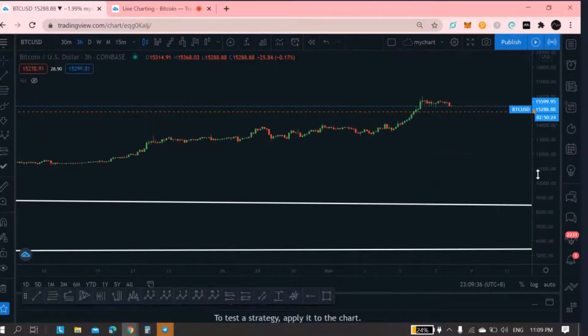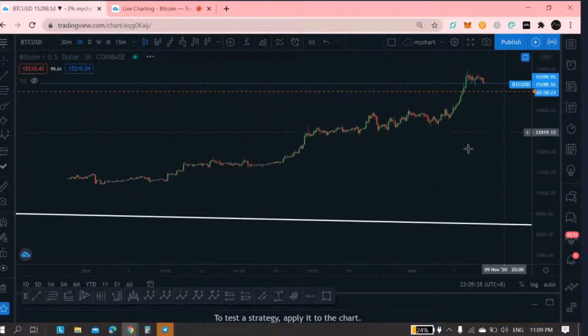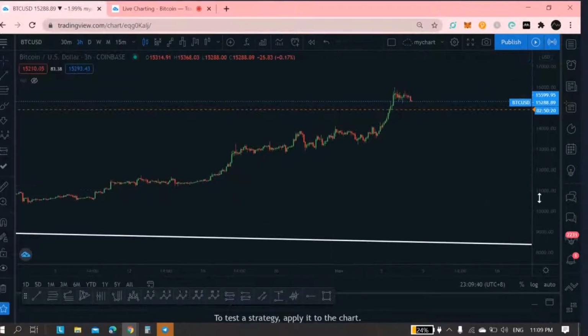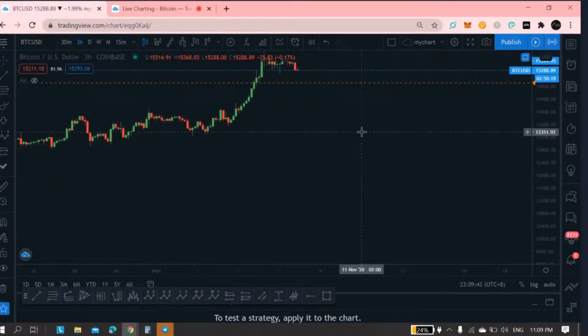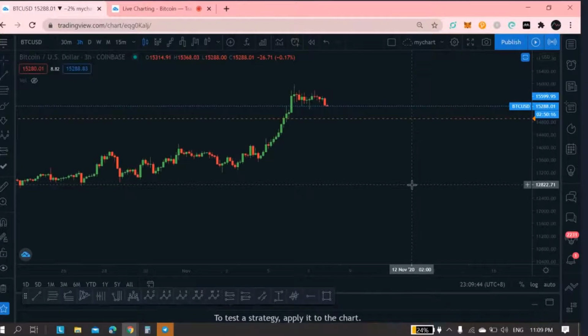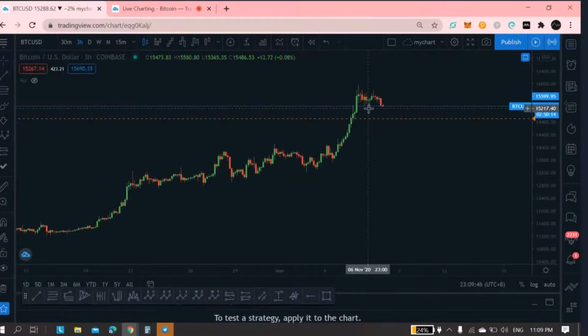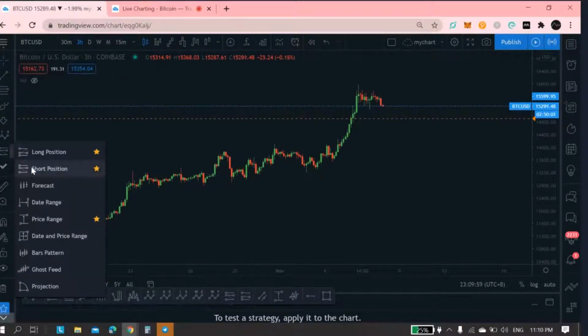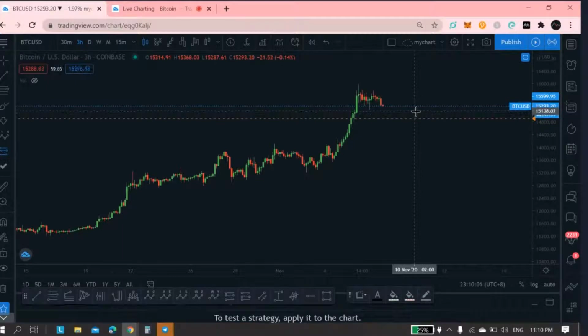It needs to hold at this area, else possibly retest this 14,000. So let's see if it fails to hold at this area.